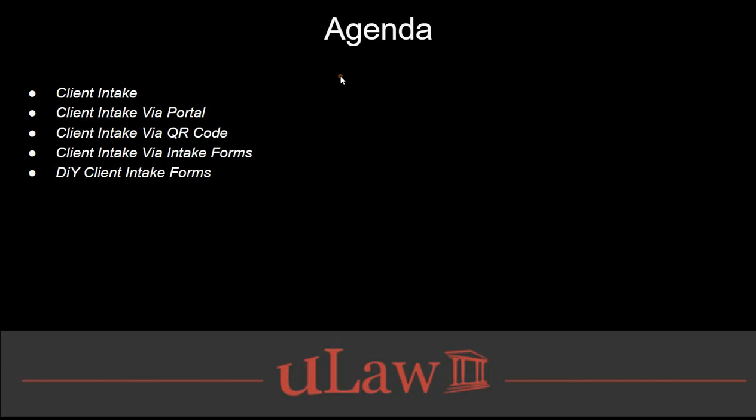And of course, the evolution of that is to be able to provide a very secured link through the uLaw portal today as a first step to be able to accept client intake information.